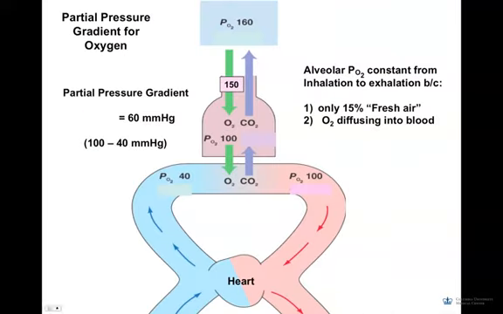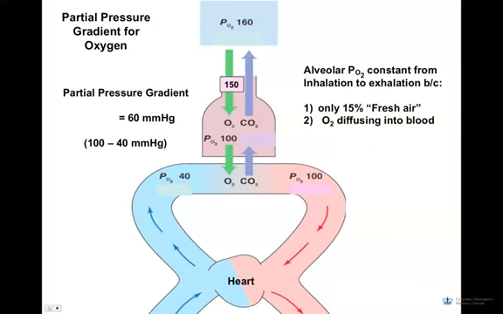So here we're going to be talking about what the partial pressure gradients actually look like for oxygen and carbon dioxide at the site of gas exchange. And so in this cartoon here, the blue box at the top represents atmospheric air, where the PO2 is 160 millimeters of mercury. We take in a breath, and this, what looks like a pink jug, represents our airways at the top, and then all of our alveolar spaces at the bottom.